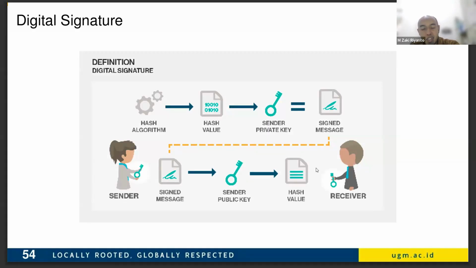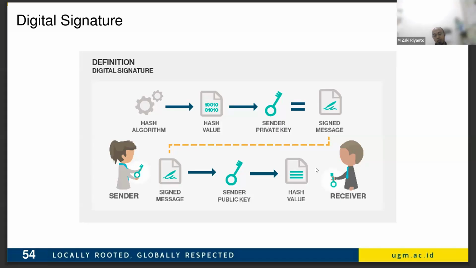So in the digital signature, the message is signed using the private key, and then after that, the receiver can use the public key to check that the sent message is true, that the message comes from Alice.